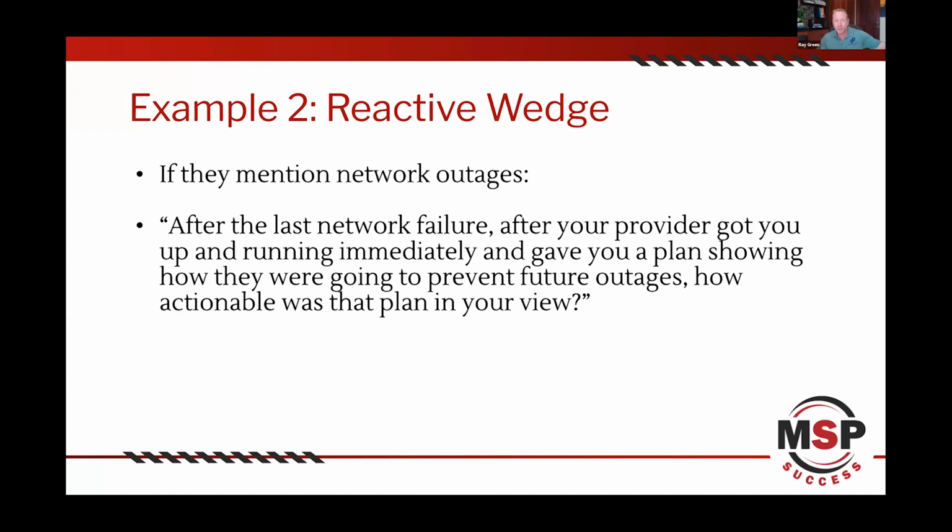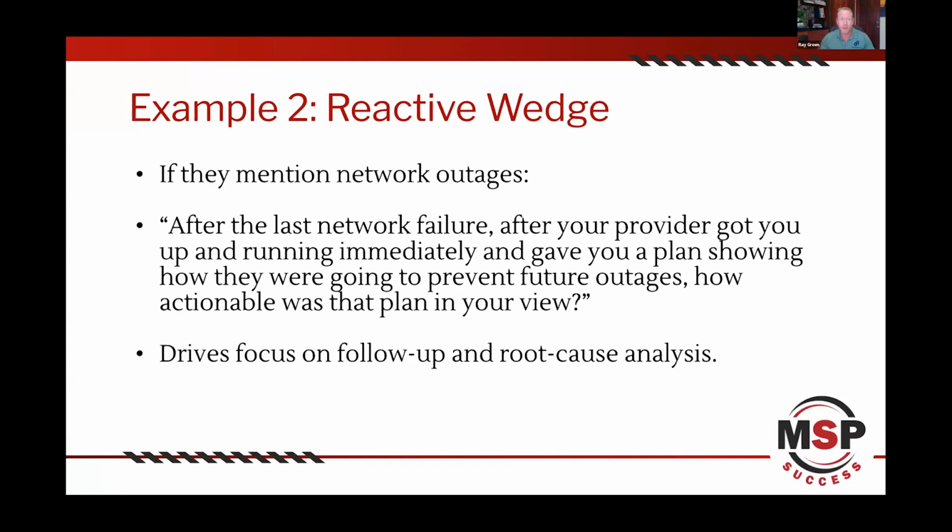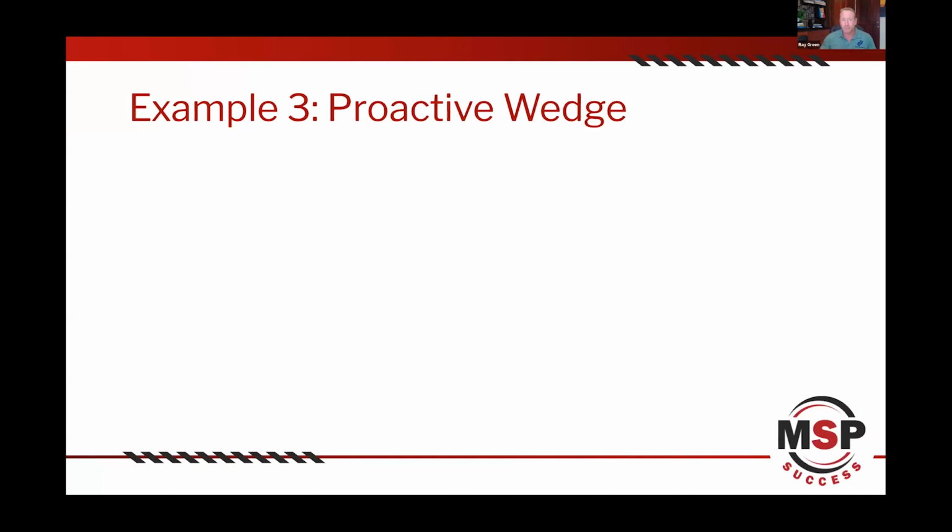I'm not asking about even the follow-up. It's, hey, the plan that they gave you to fix it, what was your view of that? I'm assuming that they've already done this, right? And it gets them to focus on that follow-up root cause. Now, remember I said there's reactive. So that's if they tell you something and using it to agitate that pain. Then there's proactive, right?